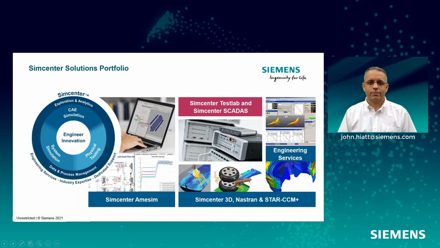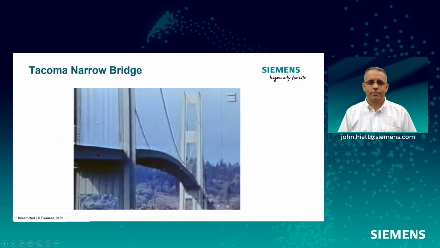Simcenter is the analysis arm of Siemens Digital Industry Software, and we have CFD, 3D, 1D, and physical test. We're going to focus mainly on the testing side of fatigue, but Simcenter 3D has a durability solver and durability analysis tools in it.